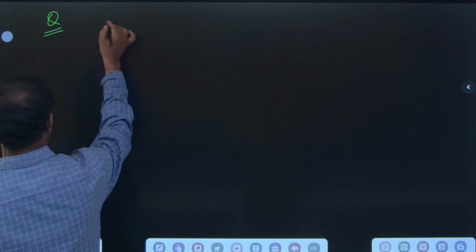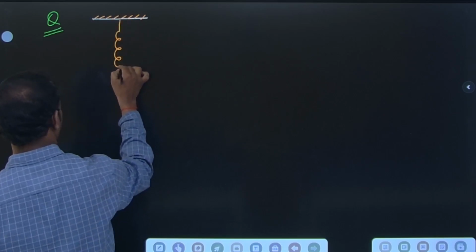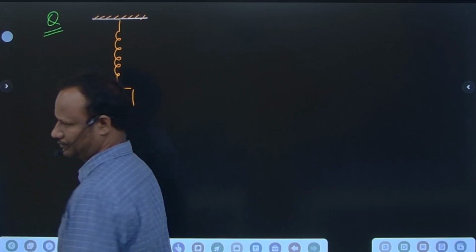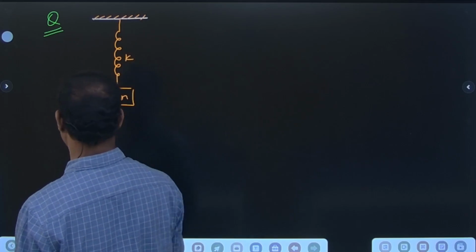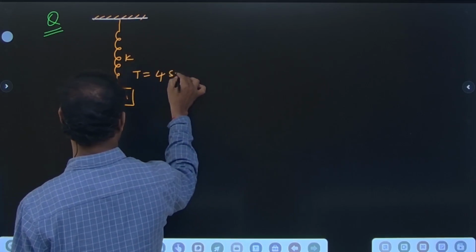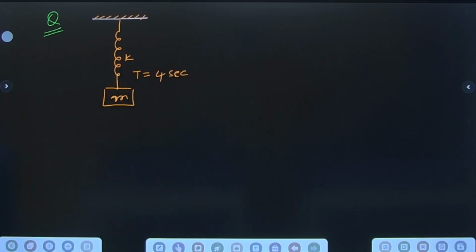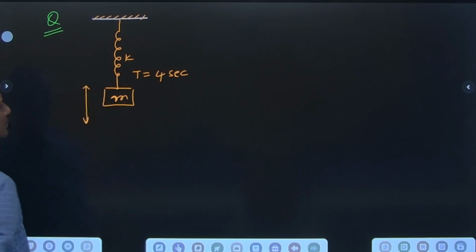The question is, I have two situations. One body, this is the spring, and some mass is suspended. The spring constant is k. Let the time period be 4 seconds. Carefully observe this. A spring-mass system is given with some mass m, making oscillations from its mean position.